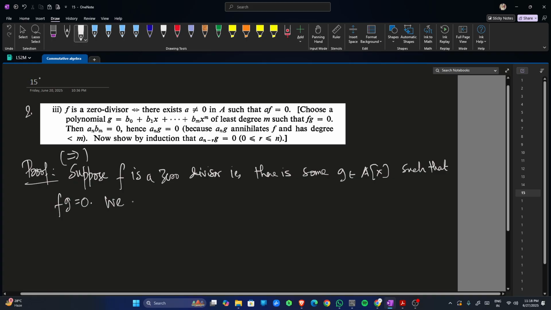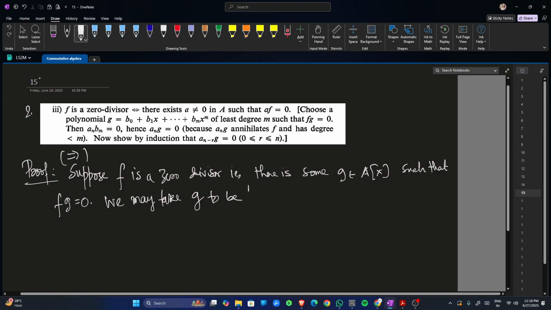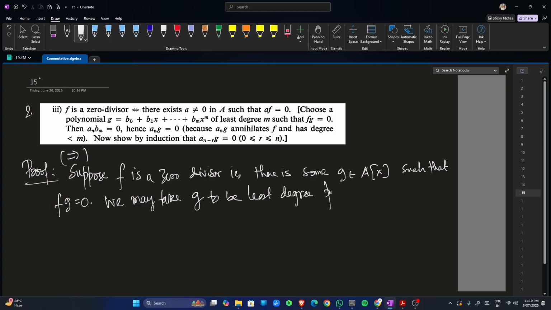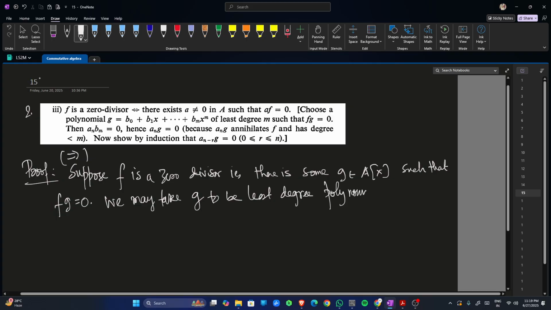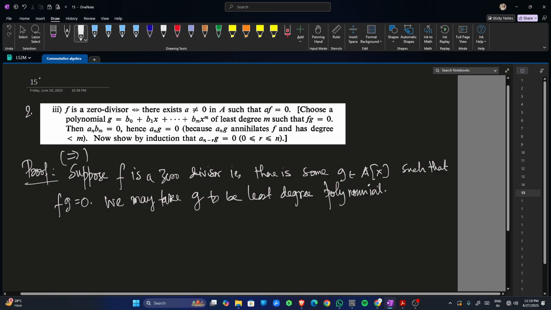We may take g to be the least degree polynomial. We are taking g to be the least degree polynomial for some contradiction. We want to arrive at some contradiction, so we are taking g to be the least degree polynomial.